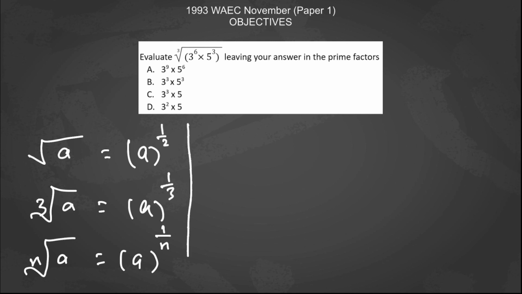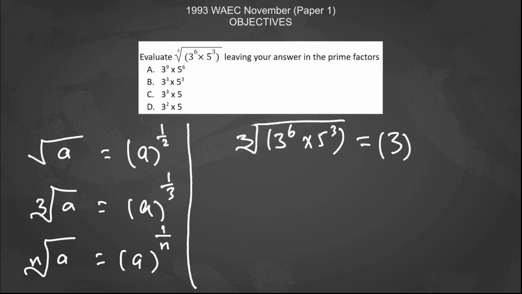So at this point, if we take this problem, the cubic root of 3 to the power of 6 times 5 to the power of 3, we can rewrite this as 3 to the power of 6 over 1, times 1 over 3, and then times 5 to the power of 3 over 1, times 1 over 3, right?